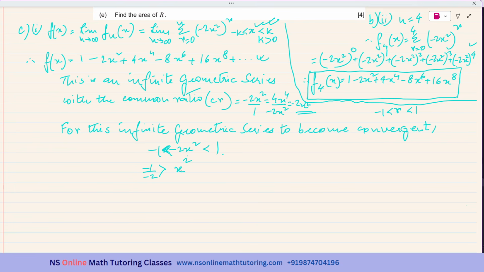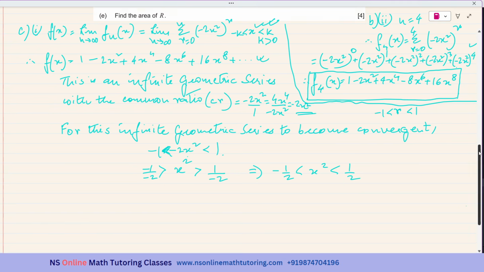Again, I'm repeating, x squared is less than half, and the other sign will also change, it will be 1 over negative 2. So this implies that negative half is less than x squared is less than positive half.